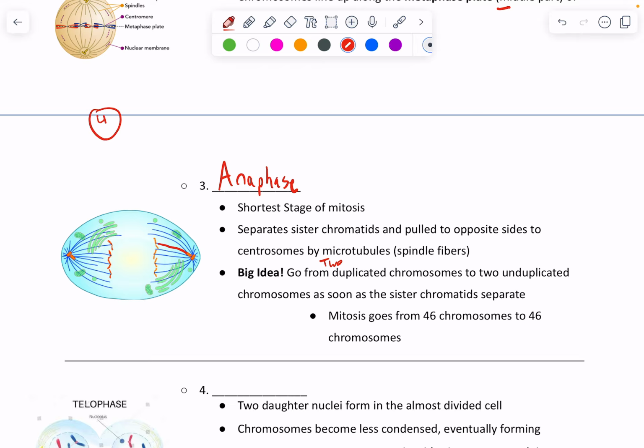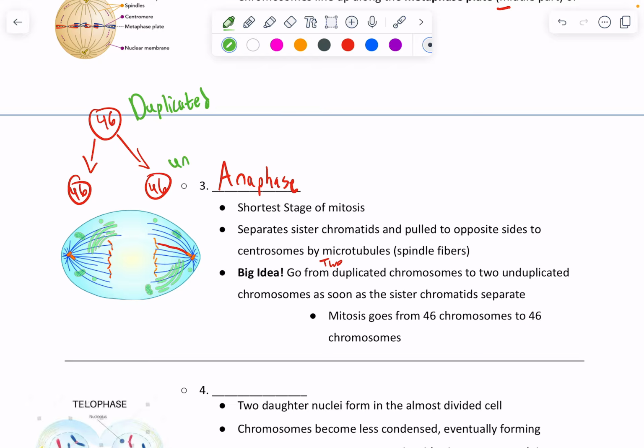So if we start with 46 chromosomes in a cell, the cell divides, we should still expect 46 chromosomes in both of them. We just say during mitosis, we go from 46 duplicated chromosomes to 46 unduplicated chromosomes in each one. So we can kind of label that duplicated.